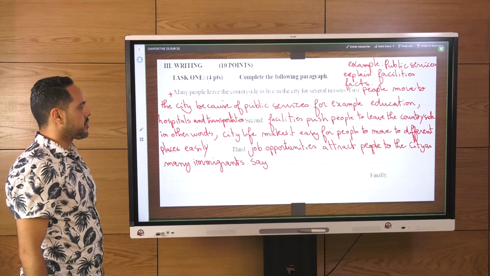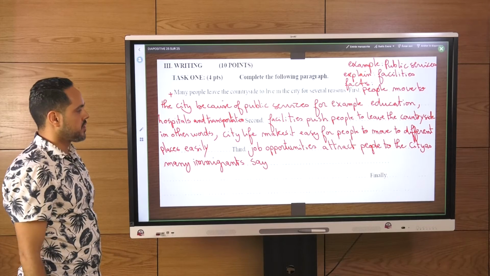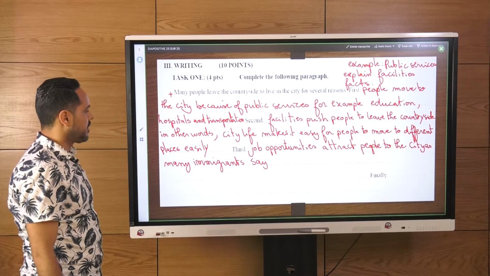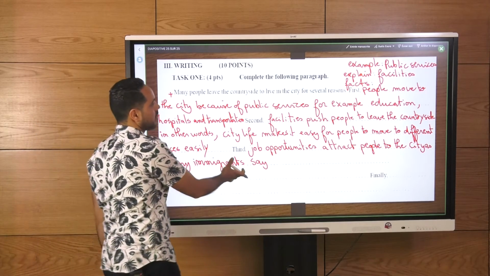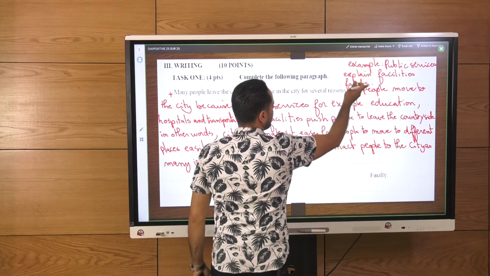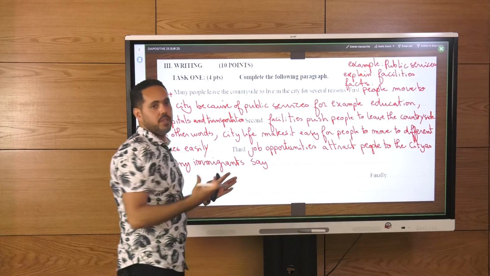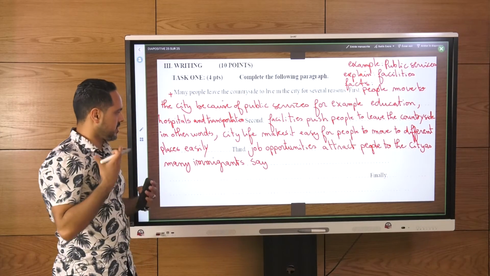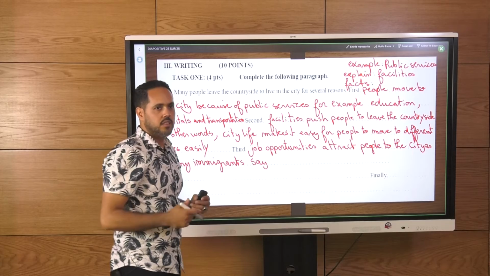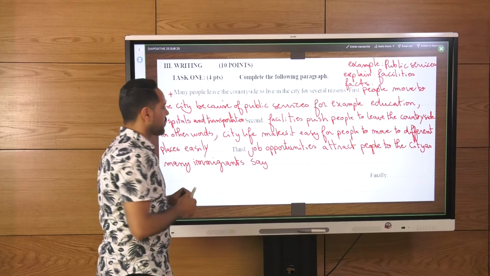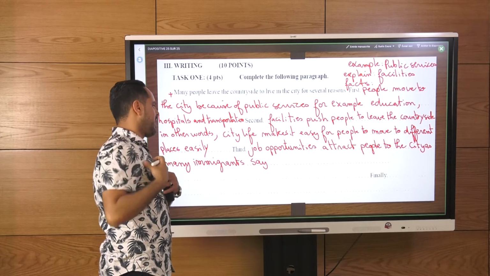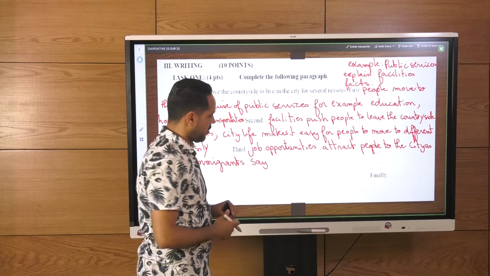Third, job opportunities attract people to the city, as many immigrants say. Here, we are giving a fact about our opinion, which is going to help us convince the reader. And it's like we use what other people say to support our opinion.